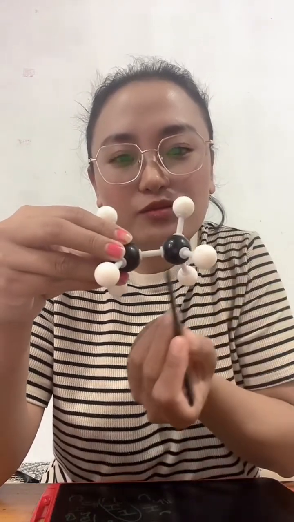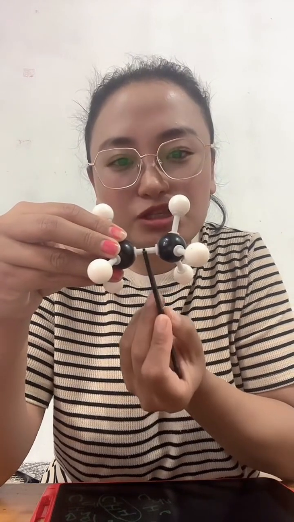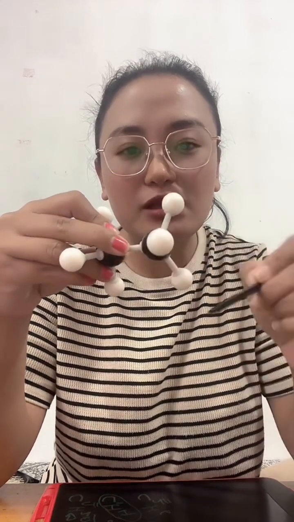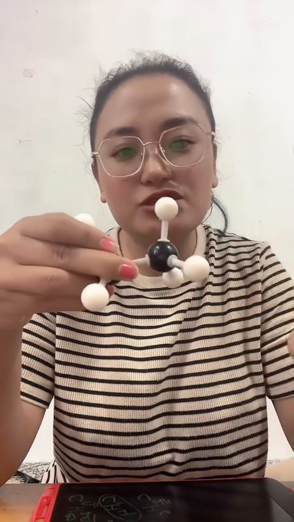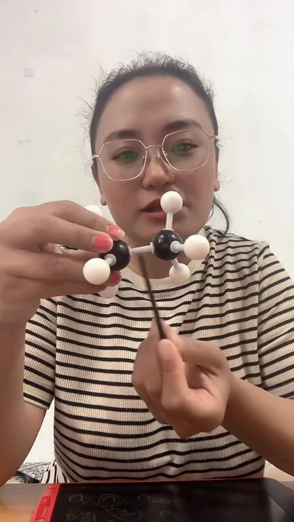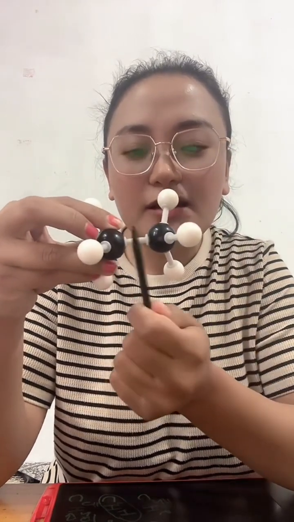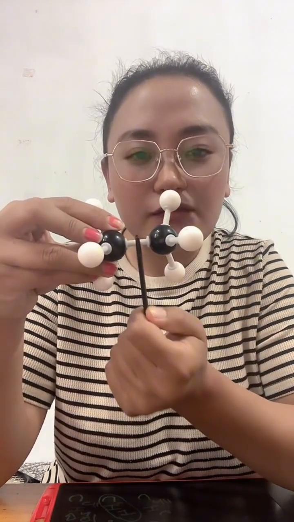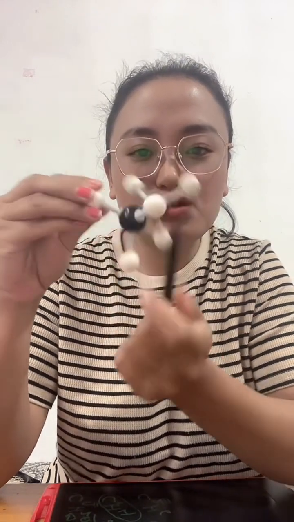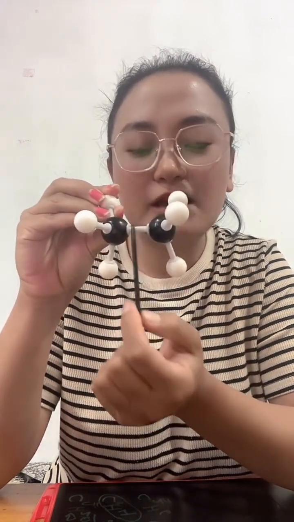See here, the carbon is connected to the other carbon with 1 covalent bond. The remaining 3 bonds are filled by hydrogens, 1 2 3, so this carbon's tetra covalency is fulfilled. Now this other carbon shares one valency with the first carbon, and the remaining 3 go to hydrogens, 1 2 3, so its tetra covalency is also met.